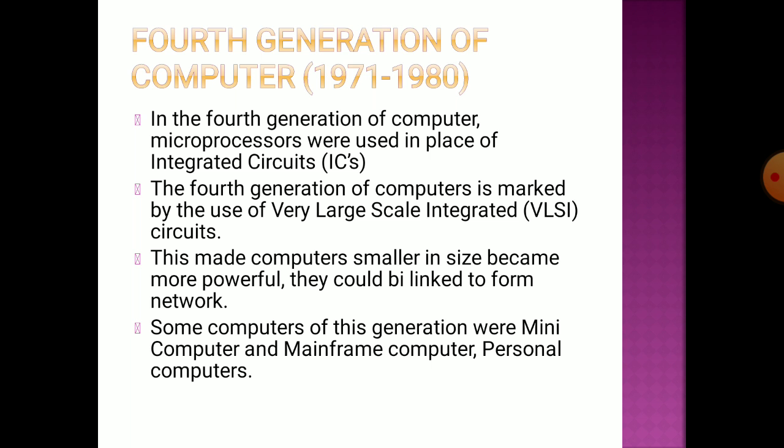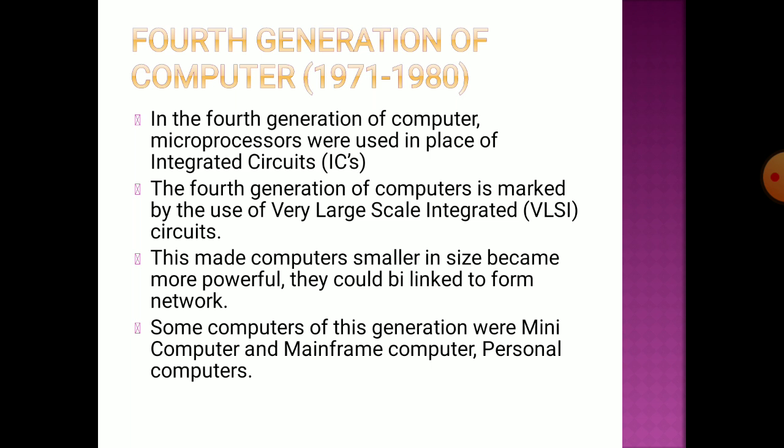So in this era of computers, some extra computers were developed. Those are called mini computers, mainframe computers and personal computers. Personal computers means the computers which we use in homes and offices. Mini computers means your laptops and all. And mainframe computers means the computers which are used in big companies and all.